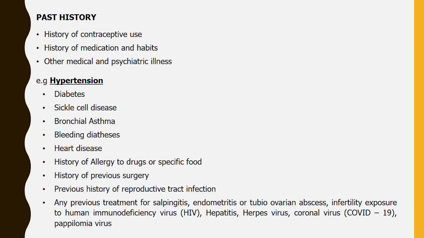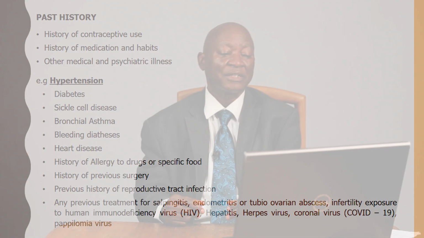And then history of diabetes, history of hypertension, or history of cancers, and probably history of psychiatric illness. All these things may be important in obtaining a very good history. History of allergy, history of bleeding diathesis, they are very important.